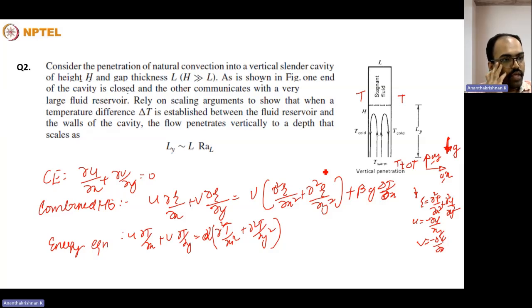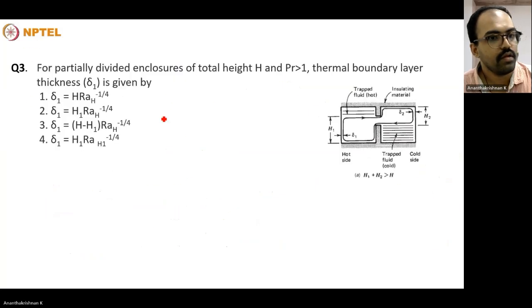And from that, we obtained the scale of the length up to which the natural convection signals will be relayed back from the opening, in a vertical penetration that is open to a huge reservoir of fluid at temperature T plus ΔT. Now we can move to the third problem. Look into it.